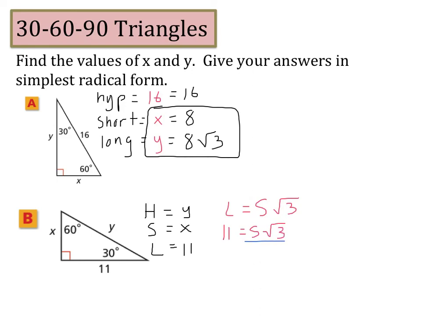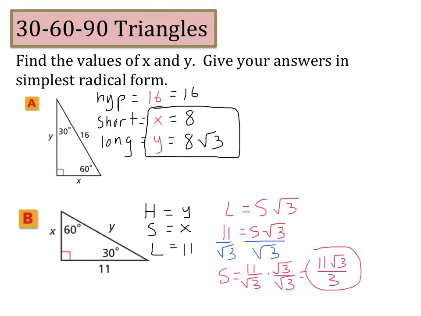So I have to divide both sides by the square root of 3, and then I'll have the short leg equals 11 divided by the square root of 3. I can't have a radical in the denominator, so I know that my short leg is going to be 11 times the square root of 3 over 3. So this is the value for x.